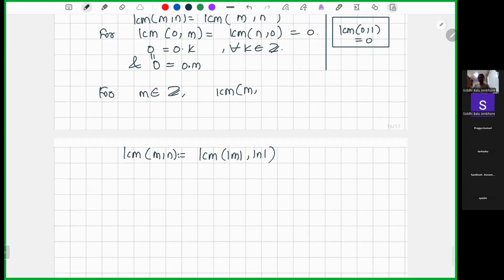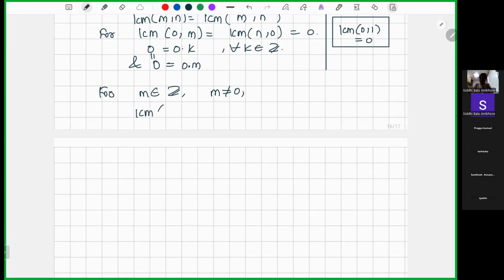Yeah, so if I am also taking the LCM, so if M is in Z such that M is non-zero, then I want the N such that LCM of M and N is 1.